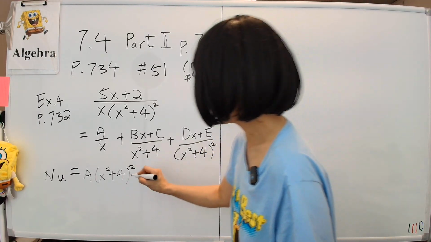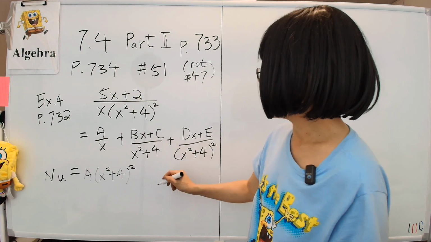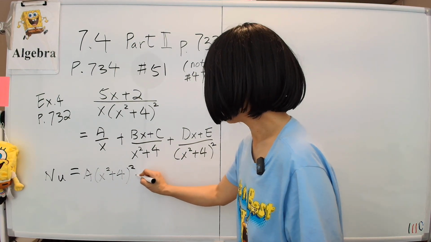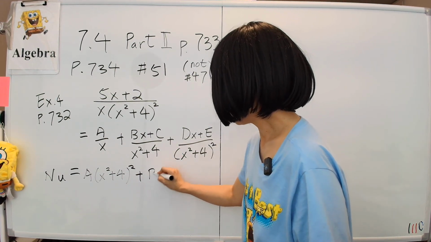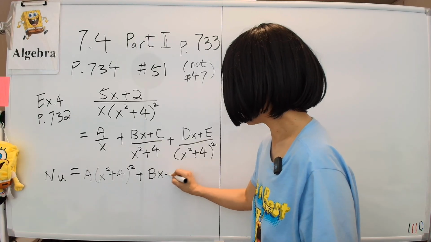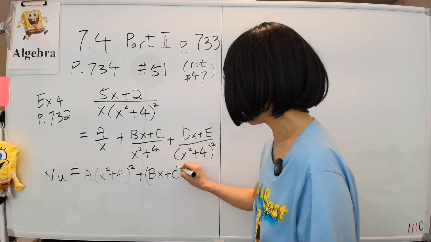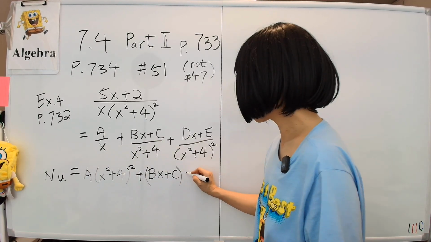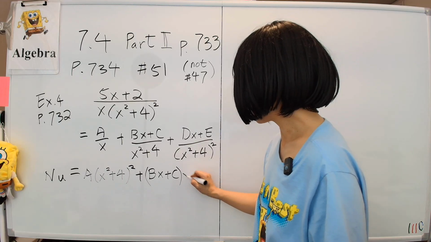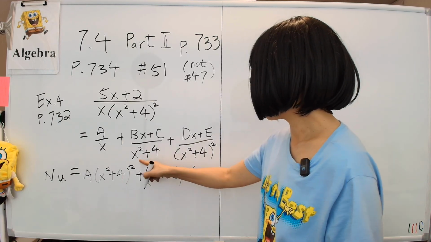Anyway, then plus bx plus c has to be multiplied by x times x squared plus 4.